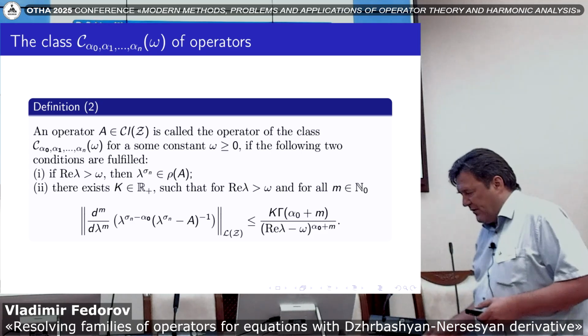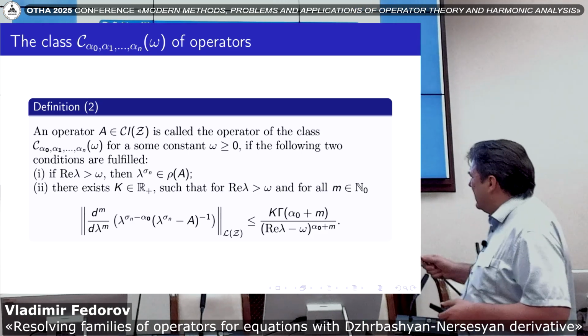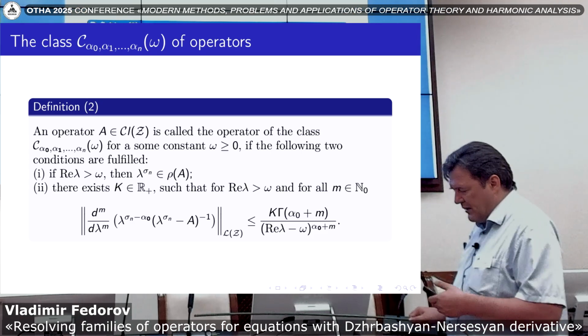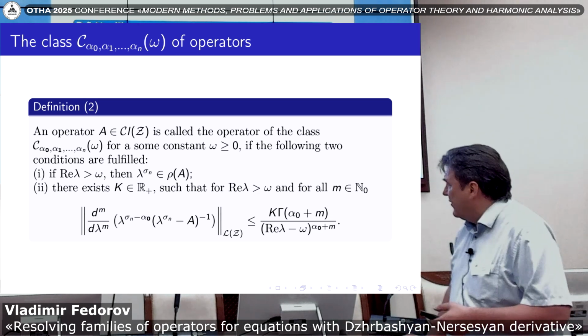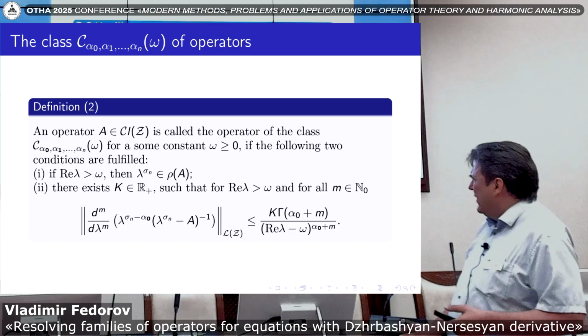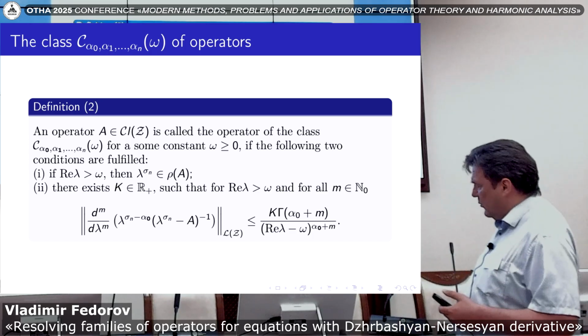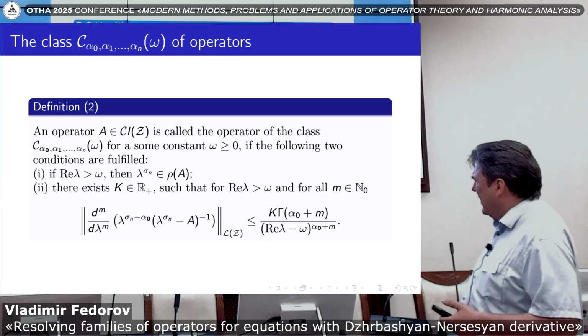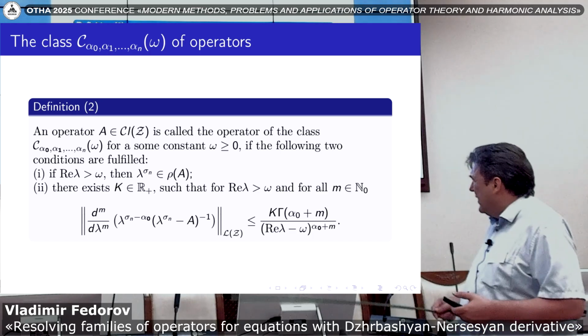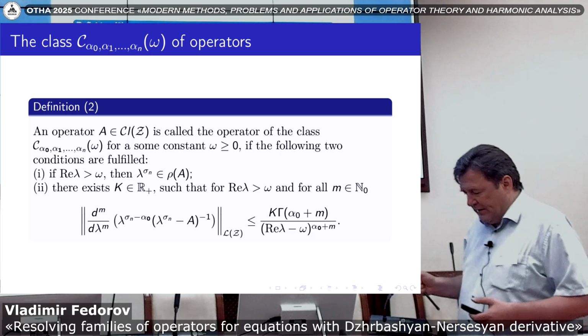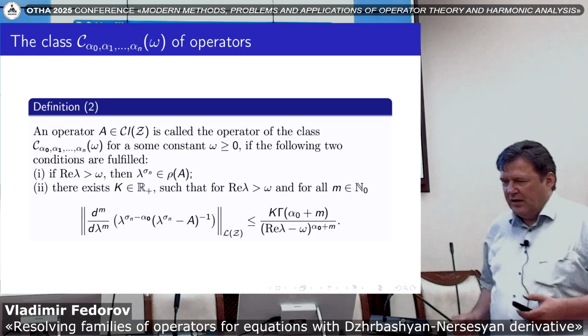We see that if sigma n is a sum of all alpha k minus 1, if sigma n is equal to 1 and alpha 0 also is equal to 1, it will be the Hille-Yosida conditions.